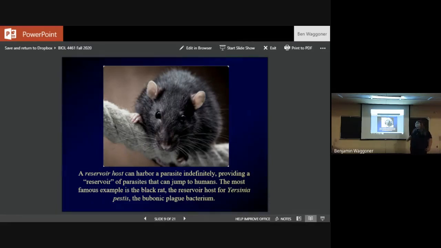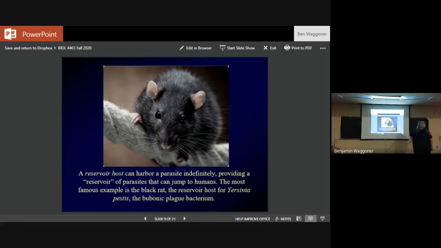is prevalent in rodents, including this one, the black rat. And as long as you have rodent populations, which we've always had, you've never truly gotten rid of rats. As long as we have those, rats can be a reservoir for the plague bacterium to jump to humans, which happens, I think, in most years.